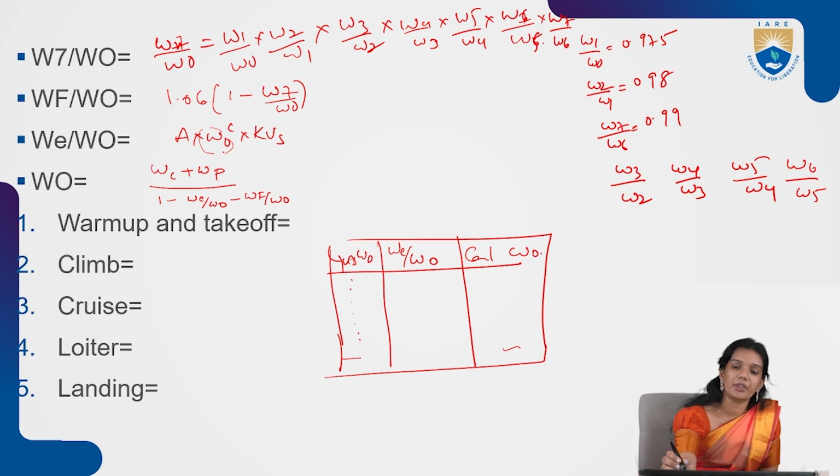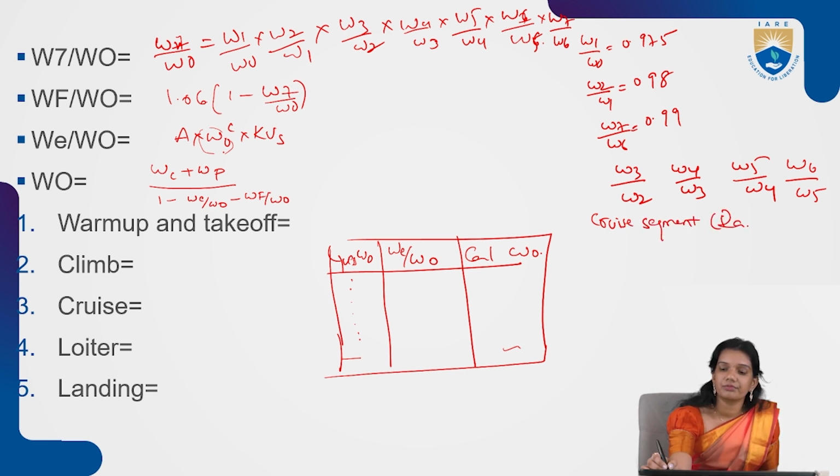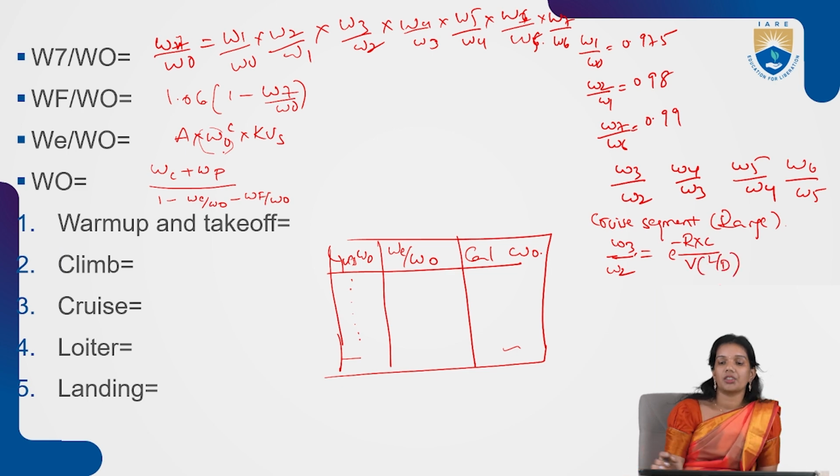For the cruise segment, in order to find it, that is nothing but your range. What is my range formula? W3 by W2 is the exponential of minus range into C by velocity into L by D. That is your range formula during the cruise segment.